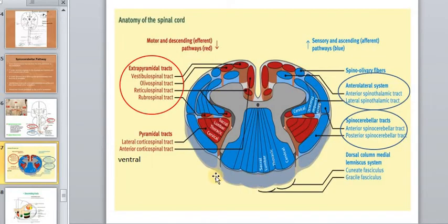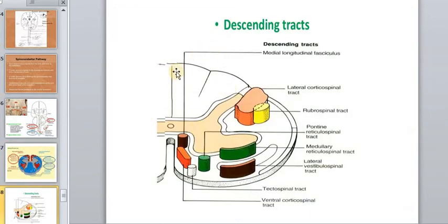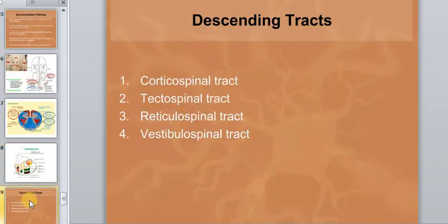Now descending tracts, in a slightly unusual position on the slide. I changed the position from dorsal to ventral, and it's more usual. Here descending tracts, and what we know about them. Of the descending tracts, we will discuss four: corticospinal tract, tectospinal tract, reticulospinal, and vestibulospinal.